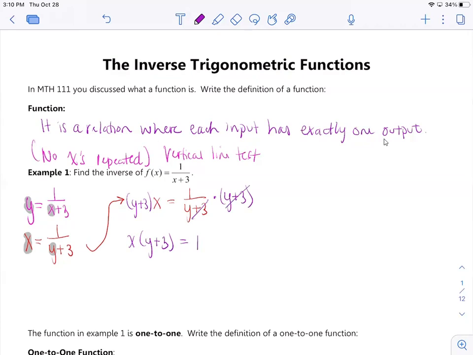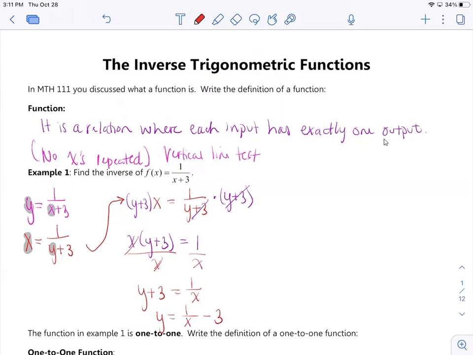You could distribute that x and keep solving for y, or you could realize, wait a minute, if I just divide by x, so now I have y plus 3, because these reduce out, equals 1 over x. Well, y is not quite by itself yet, so I'm going to subtract 3 on both sides. And so you end up getting 1 over x minus 3.